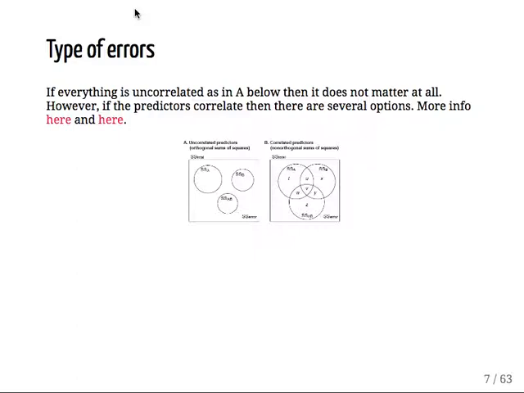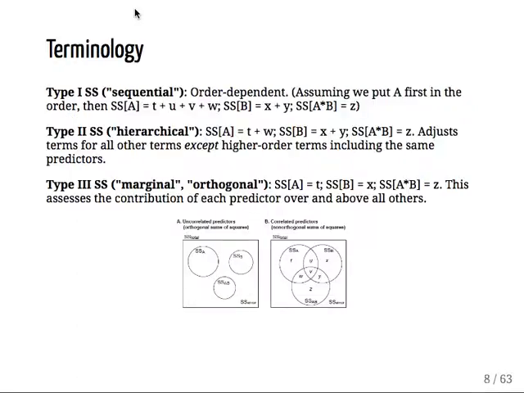However, if the predictors correlate, then there are several options in which you could evaluate those effects of A, B, and of the interaction AB, and they're visualized in these Venn diagrams. So you could, for example, just look at the true effect of SSA, but without looking at U, V, W, because they overlap with the interaction or they overlap with B. So depending on that, you would partial out some of these effects. And that depends on your statistical assumptions.